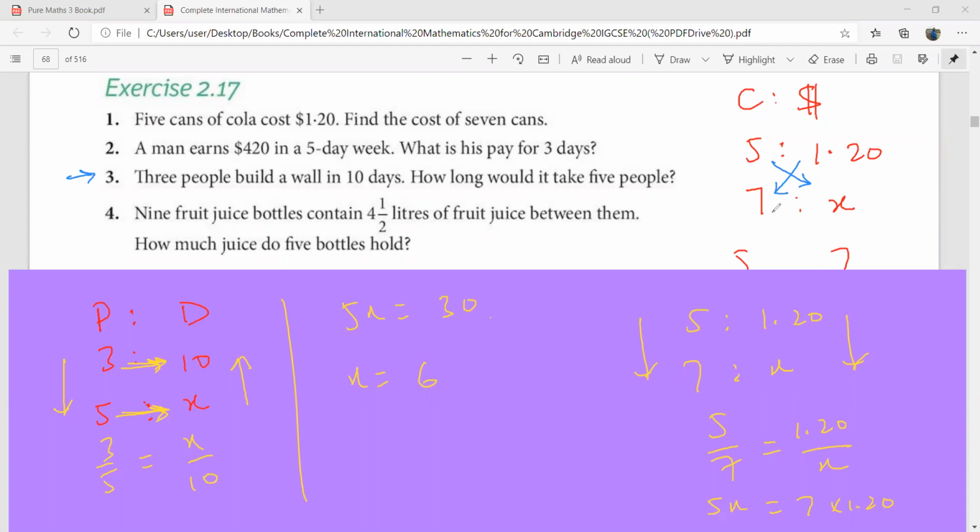If it is a direct proportion, you can cross multiply them and equate them. And if it is an inverse proportion like we have in the third question, you can simply write these two together, the product equal to this product. So you see, three people build this in 10 days. Now, five people are going to build this in 6 days.